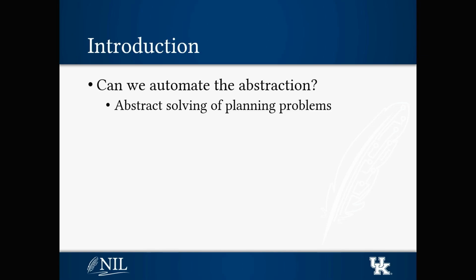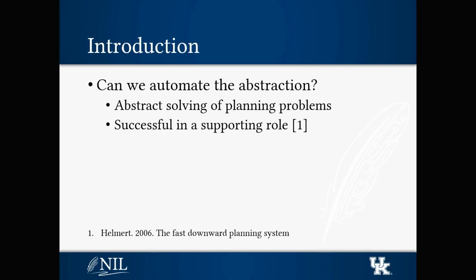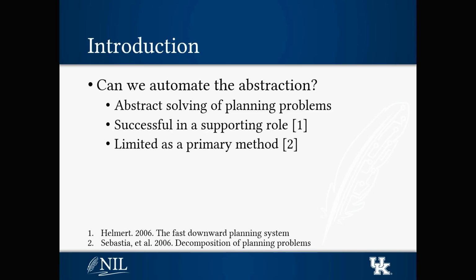There's a lot of work investigating automated methods of abstraction for solving planning problems. Here, I want to draw a distinction between methods that are incorporated into a planner in a supporting role, such as providing heuristics to guide search, and those which commit more completely to the approach, doing things like decomposing the problem and solving it in parts.